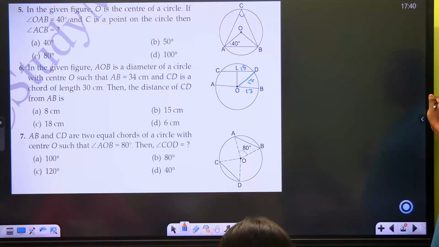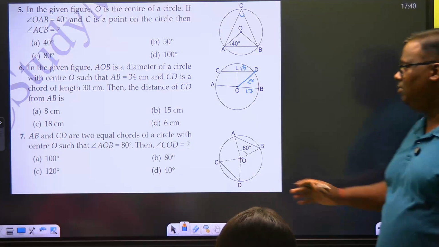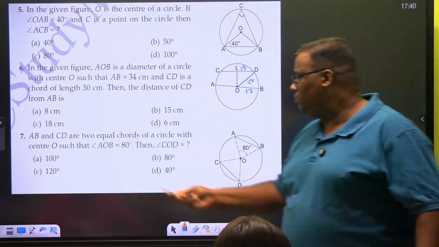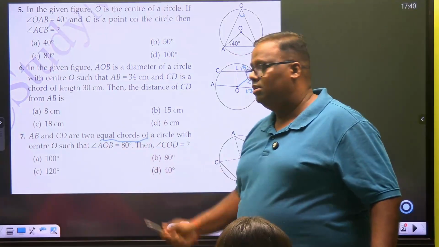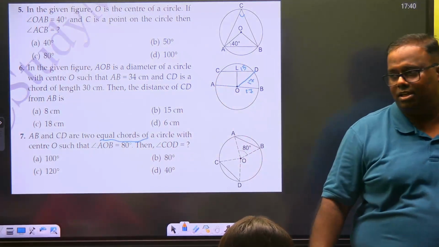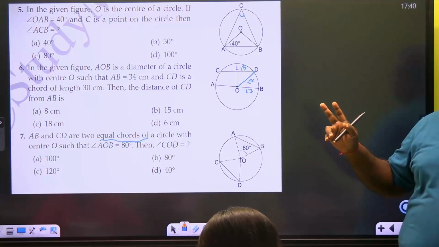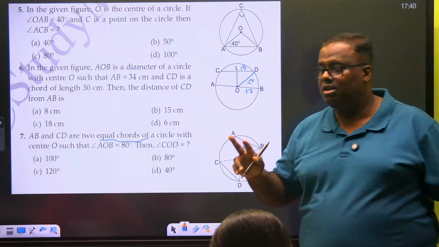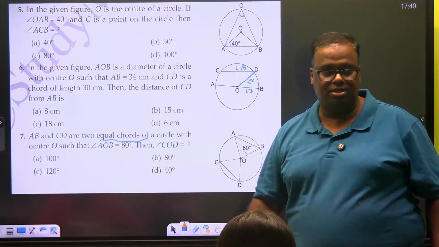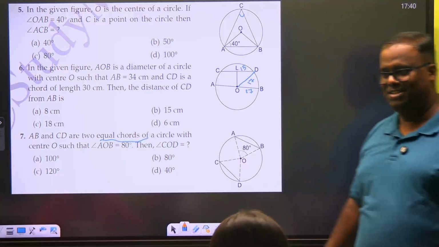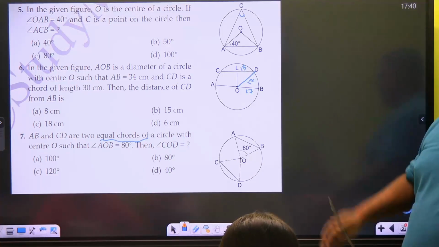Equal chords subtend equal angles at the center. They have already said. Once you have read this line, equal chord, your brain should start thinking. Equal chords में दो theorem है. Equal chords are equidistant from the center, and equal chords subtend equal angles at the center. Have you understood? Now, do you understand why you should study?